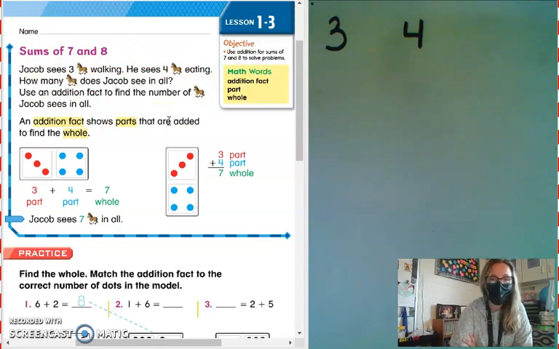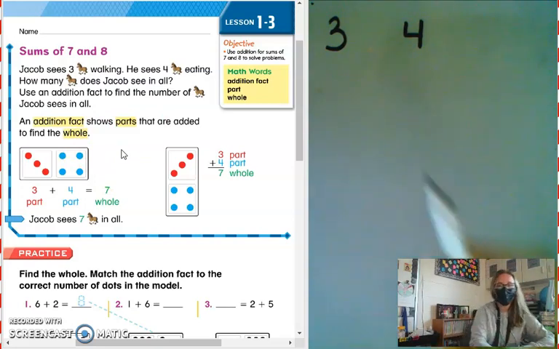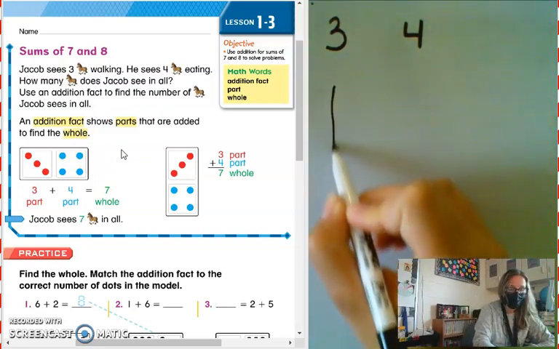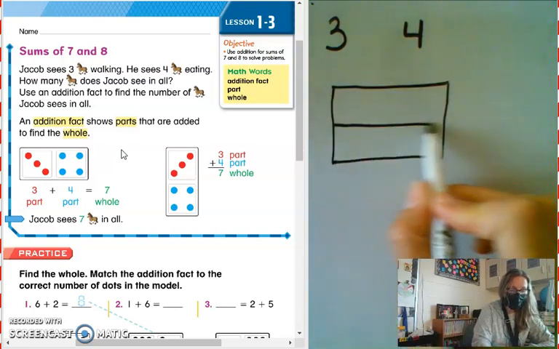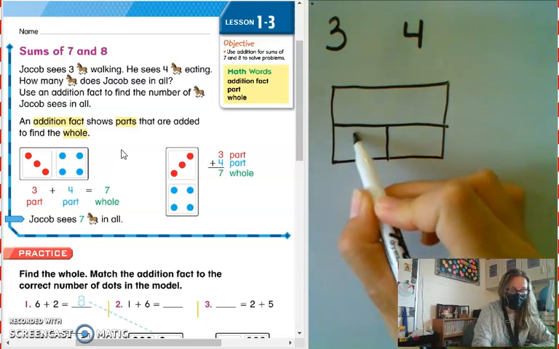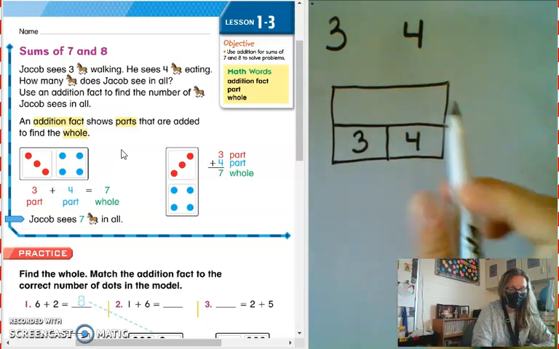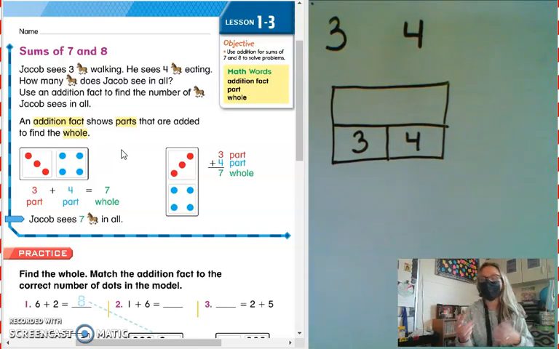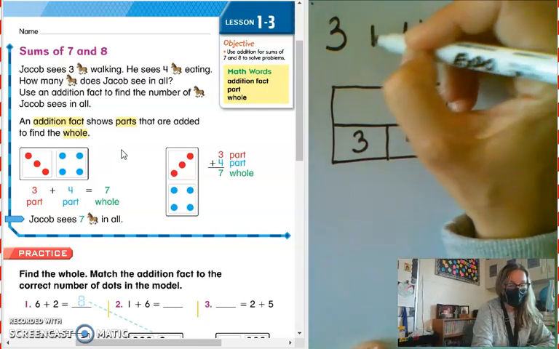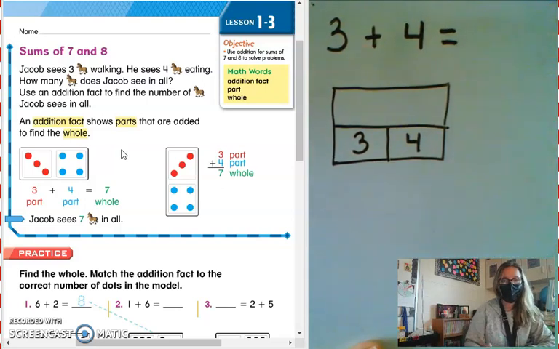Use an addition fact to find the number that Jacob sees in all. So remember, the addition fact shows the parts and the whole. So if I were to draw that box that we were just working on up on the big screen, and I put my 2 parts, which would be 3 and 4, this number up here would be the total or the whole amount. So if I were to say 3 plus 4, I have to figure out how many that would be.